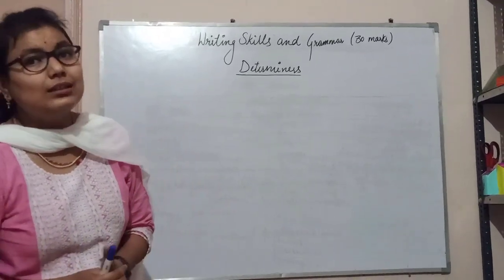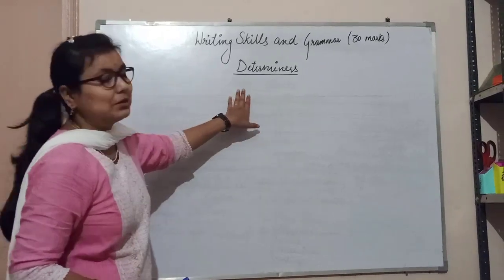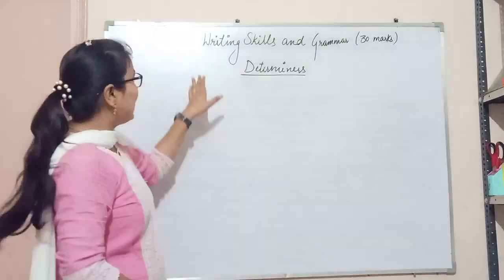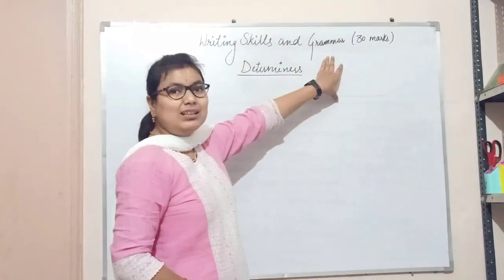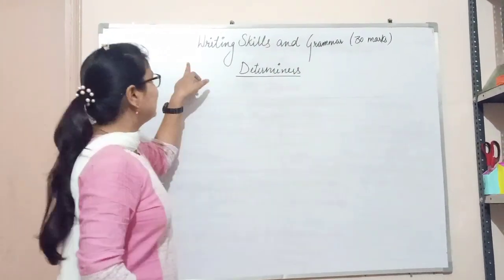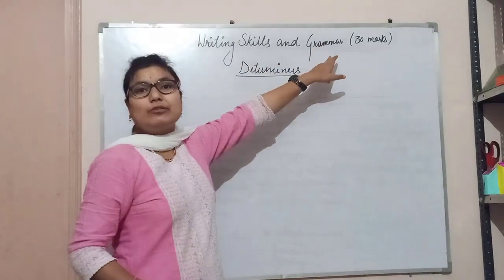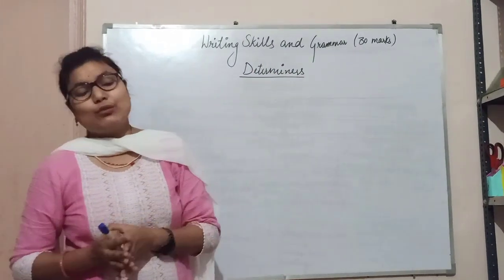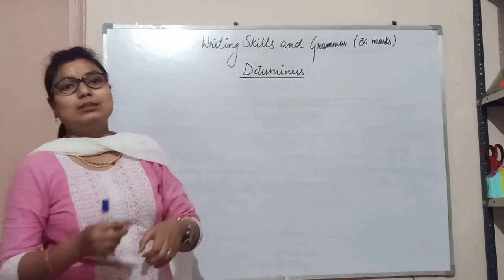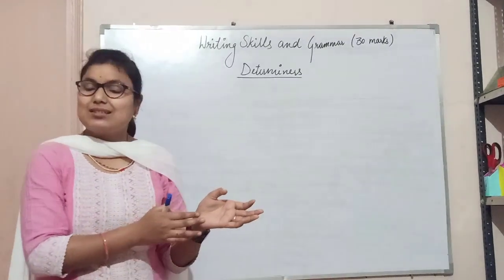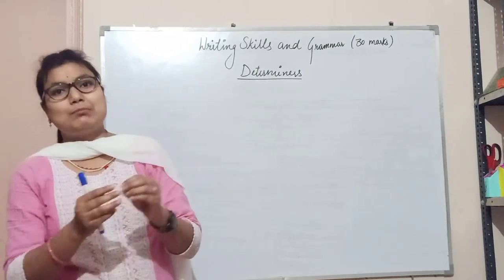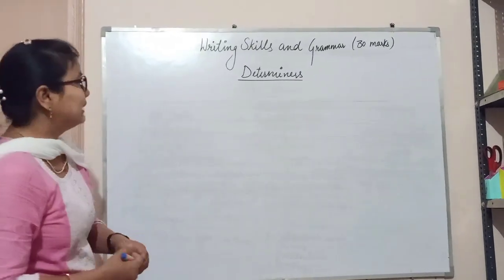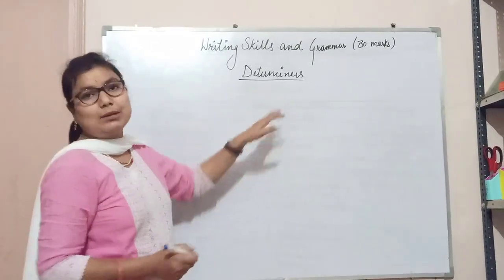Let me tell you about the writing skills and grammar. In this, 20 marks is for writing skills and grammar is of 10 marks, which will be checked through editing or omission exercises, some error and correction exercises, or it may be jumble words, or it may be sentence reordering. So let us start with the topic determiners.